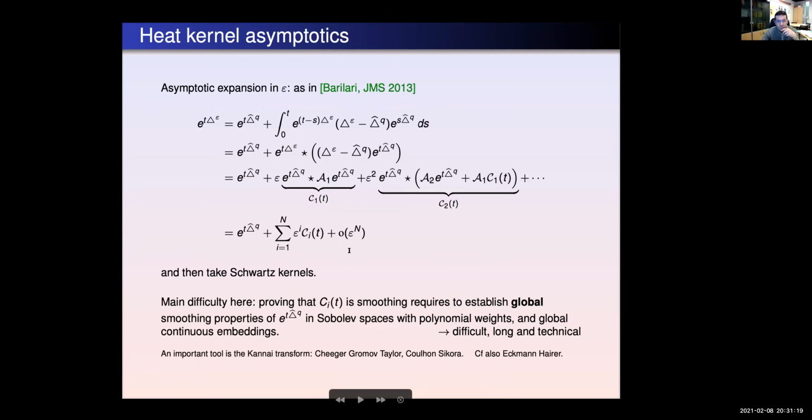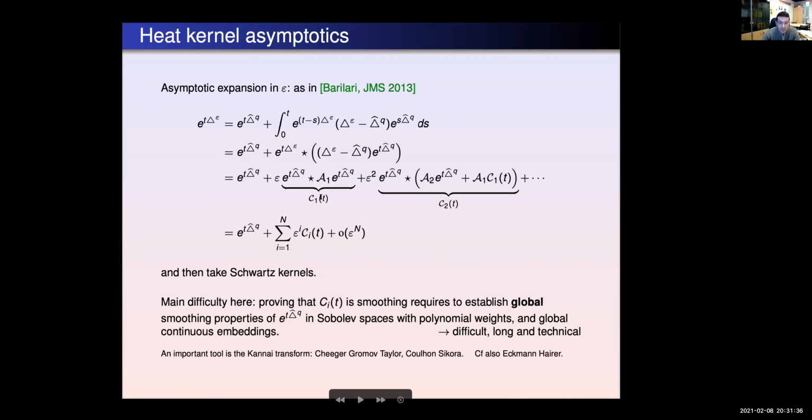What we do is that we start from the Duhamel formula for the semigroups, and then we expand the integral in the Duhamel formula, obtaining a series of convolutions.